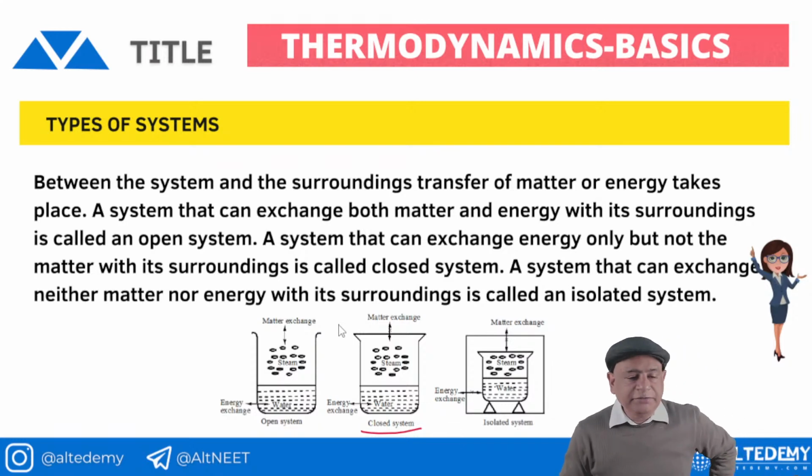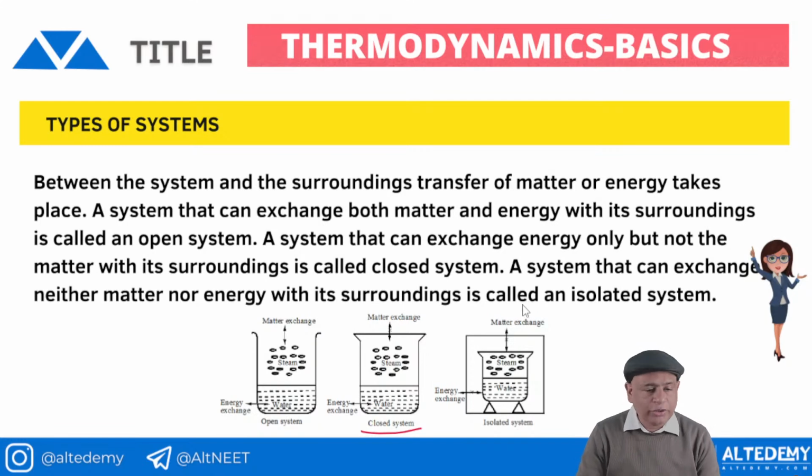But we have different kinds of system that you should also know about. Between the system and the surroundings, transfer of matter or energy takes place. A system that can exchange both matter and energy with its surroundings is called an open system.